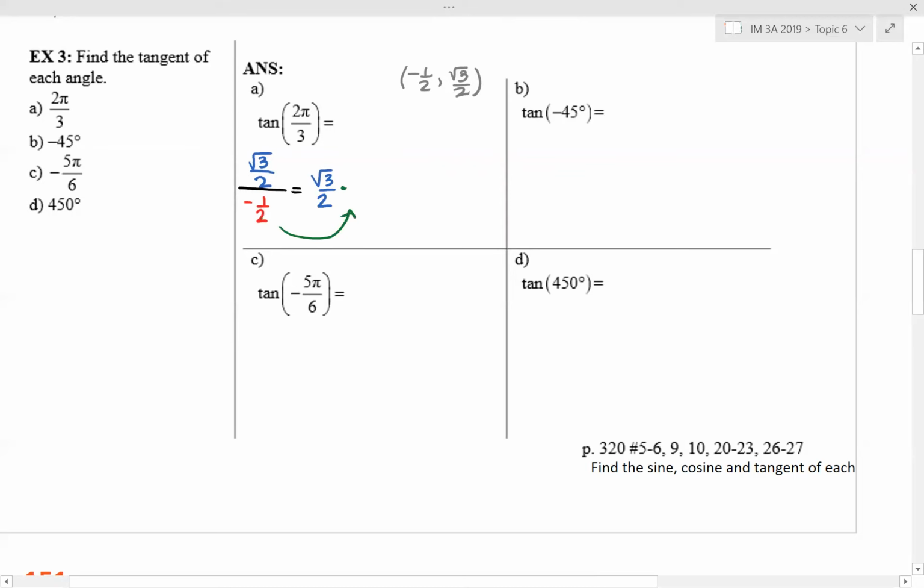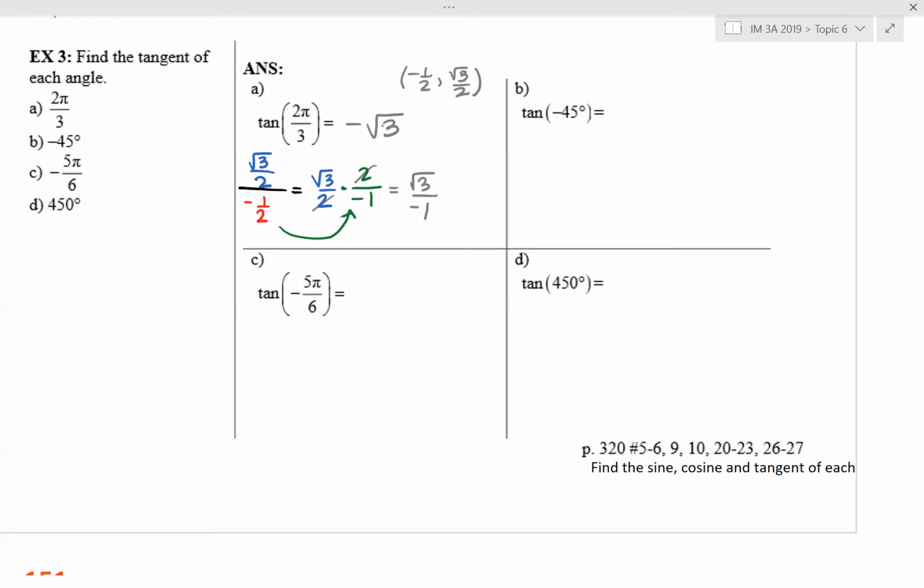So instead of negative 1 over 2, I'm going to do 2 over negative 1 to simplify my answer. So notice that I have a 2 in the numerator and a 2 in the denominator, so those can reduce. So technically what I have here is the square root of 3 over negative 1. And so simplified, that is just negative square root of 3. So tangent of 2 pi over 3 is negative radical 3.